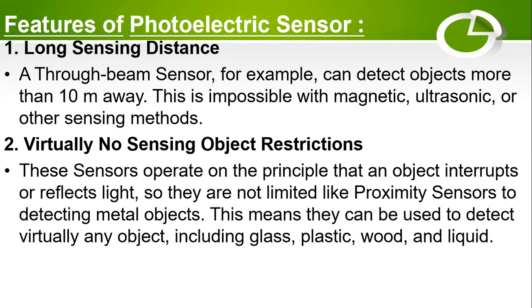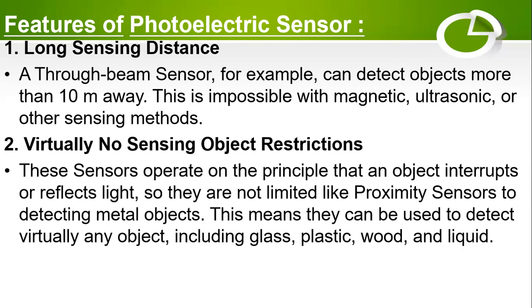Features of photoelectric sensor. The first feature is long sensing distance. A through beam sensor, for example, can detect objects more than 10 meters away. This is impossible with magnetic, ultrasonic, or other sensing methods. The second one is virtually no sensing object restrictions.